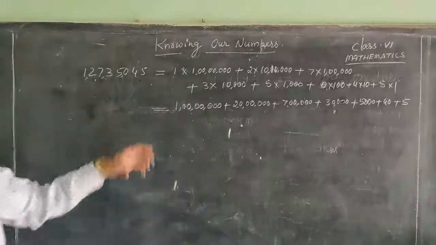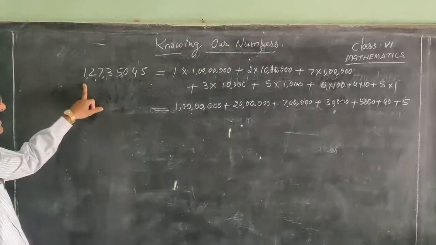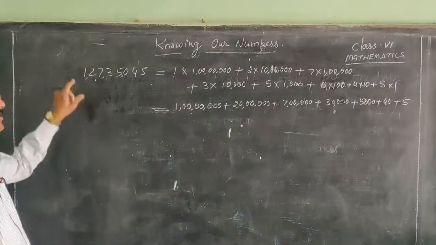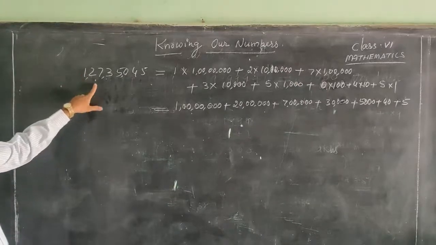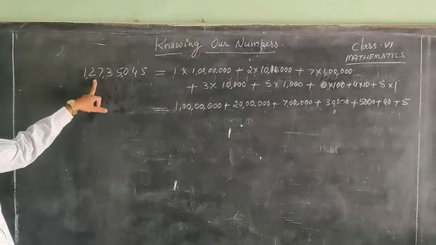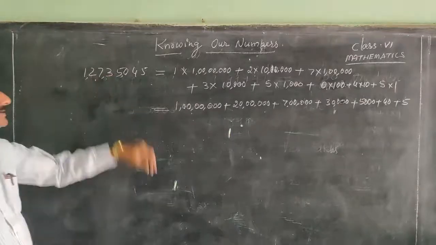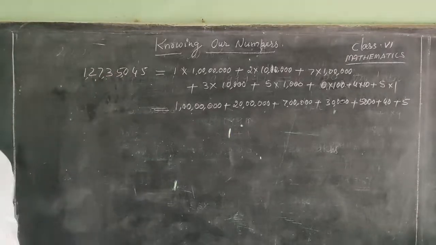This is the expanded form of a large number. Which number? It is in crores: 1 crore 27 lakh 35,045.